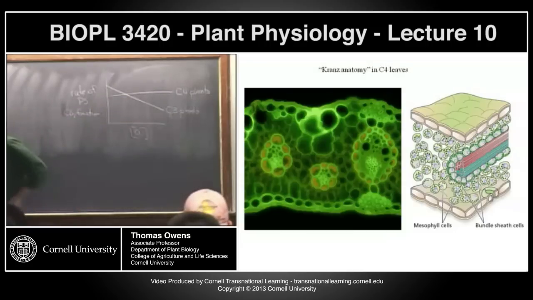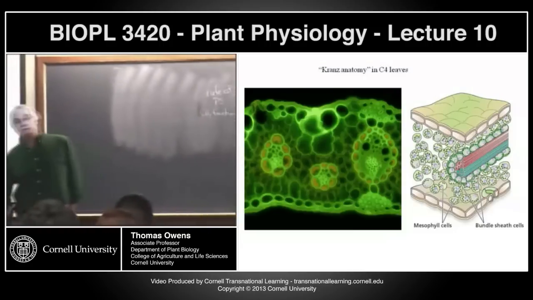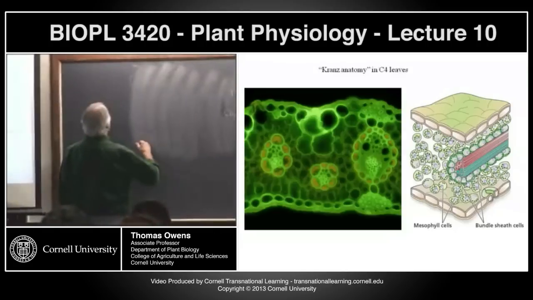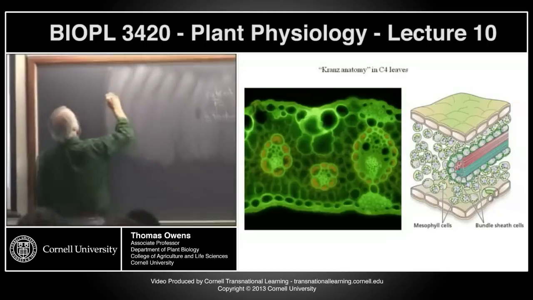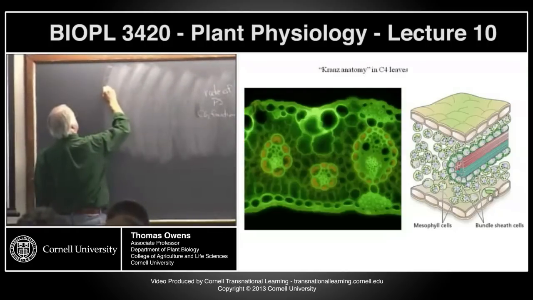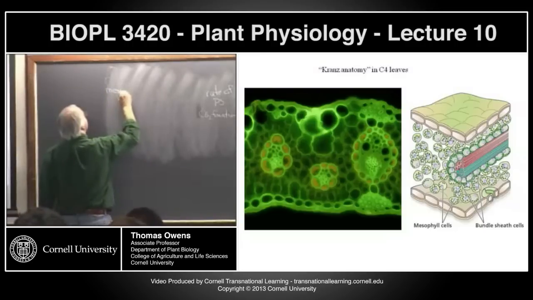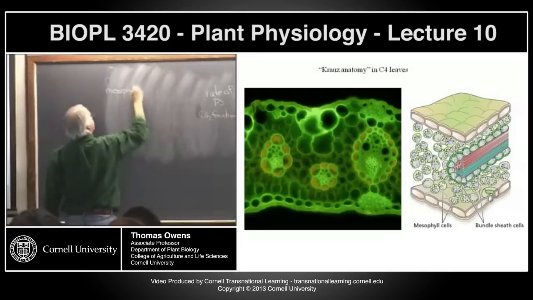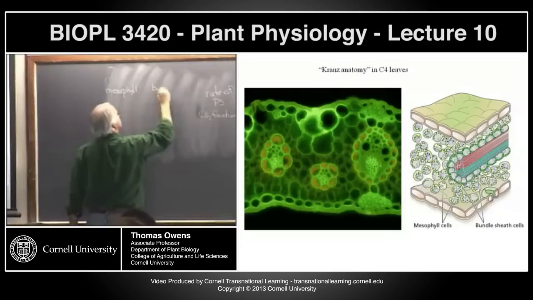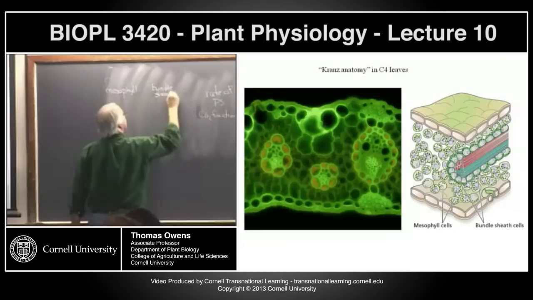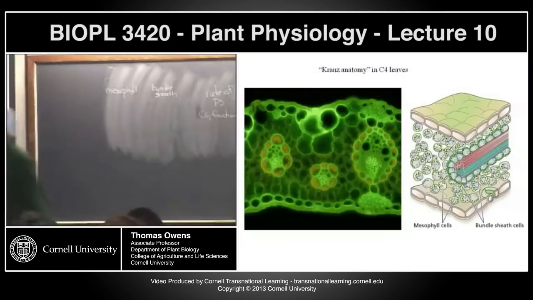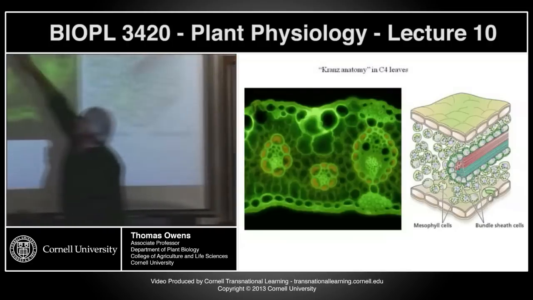Another thing that turns out to be different is the anatomy of the leaf. Let's look at two different types of cells in a leaf. The mesophyll cells and the bundle sheath cells. The mesophyll cells are all these cells between the epidermal layers.